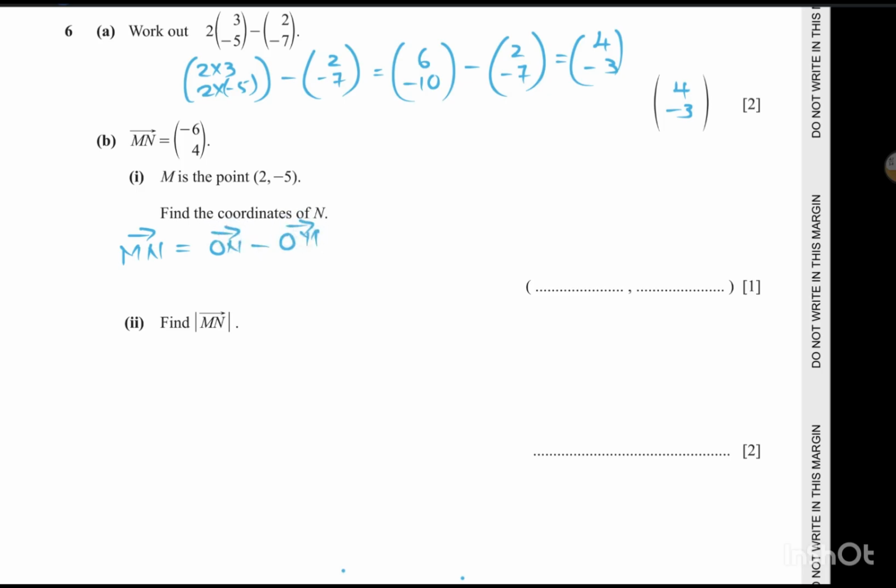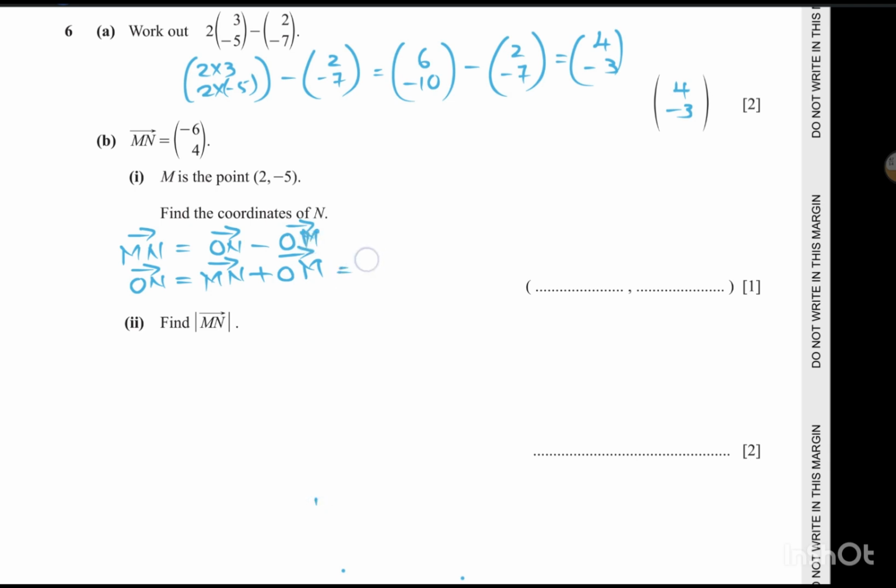We need to find the coordinates of N, so that means we need to find ON. ON is equal to vector MN plus vector OM.